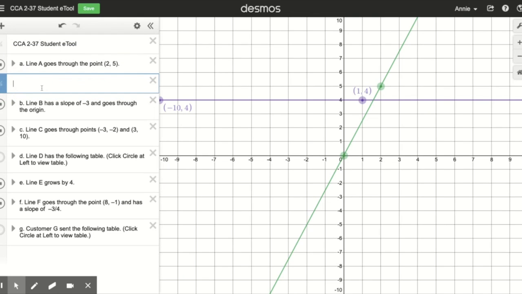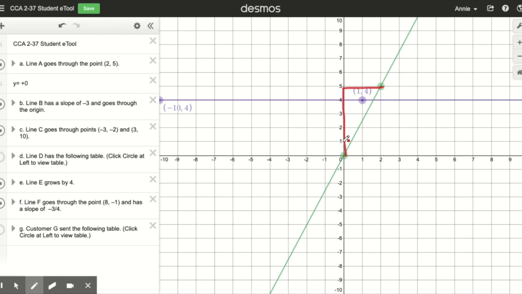So my first equation for A, well, my starting point is 0, which makes my B value really easy. So I know that there's going to be a plus 0 at the end. But I need the slope as well. So if I take a look at my slope triangle, I'm going to draw a line right up here and then straight across here.